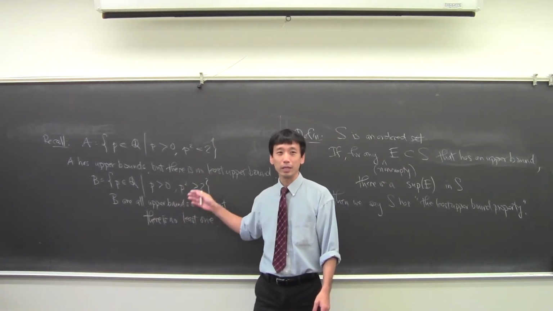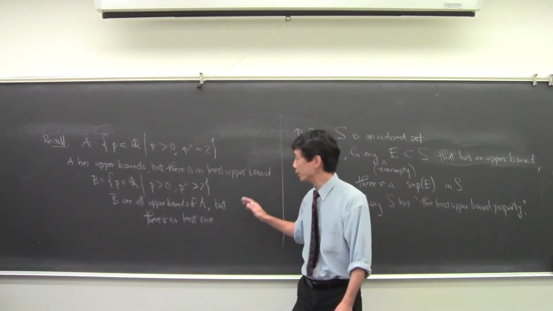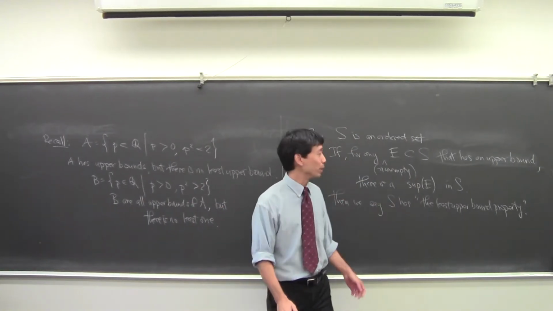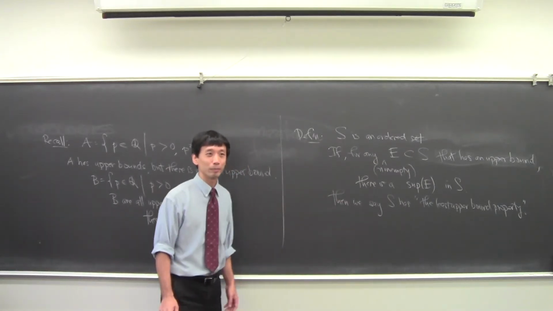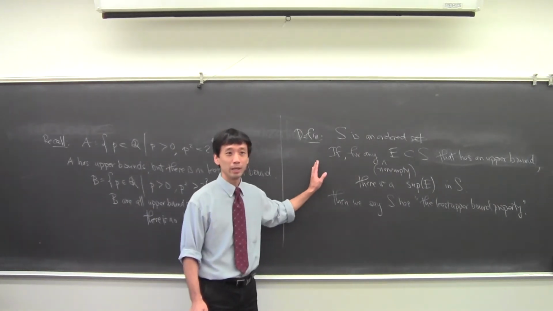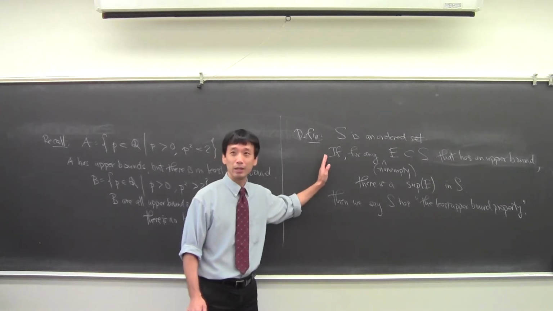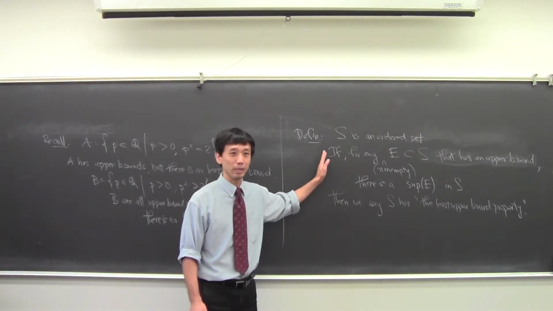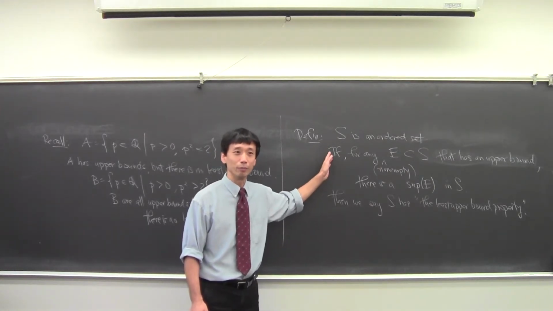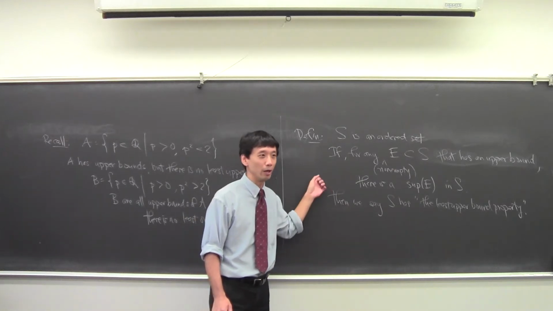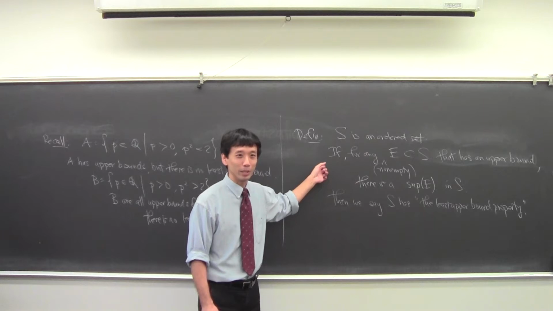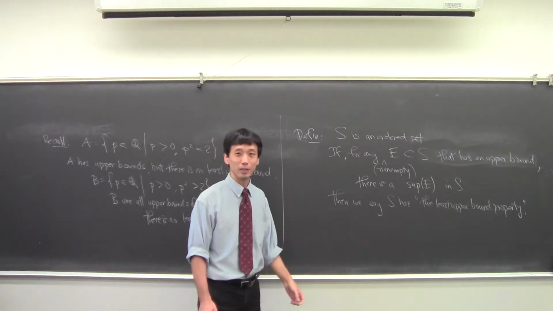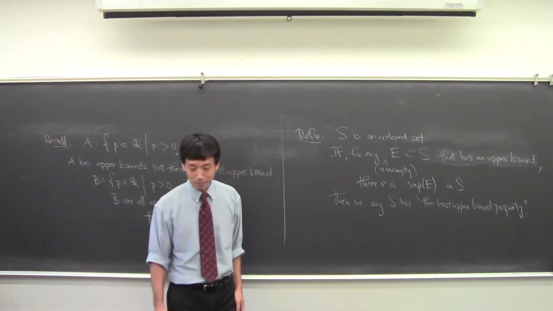This is going to be maybe the key thing that distinguishes R from Q. Although we're not going to construct it, if you construct R properly, then it satisfies the least upper bound property.